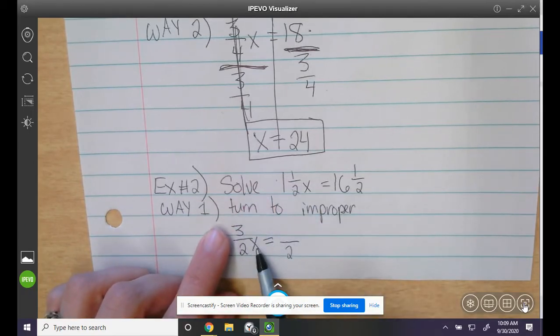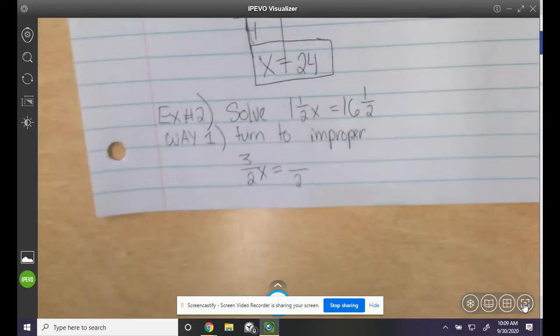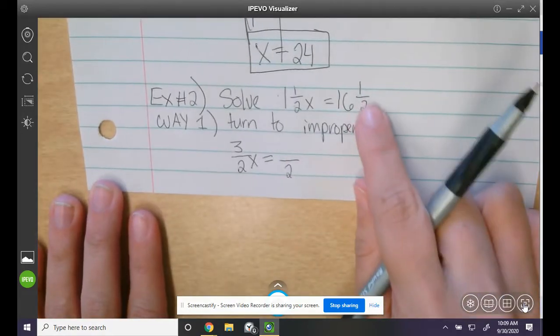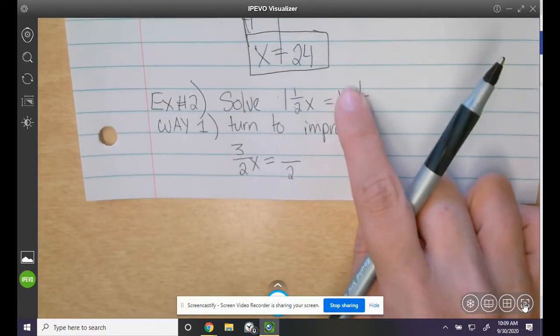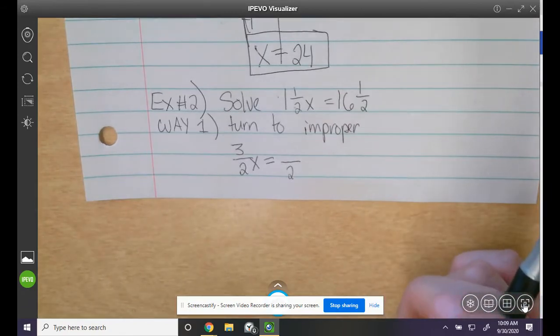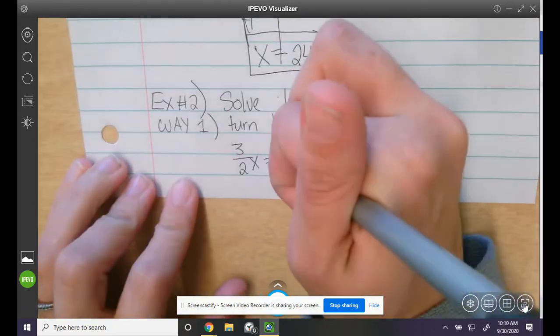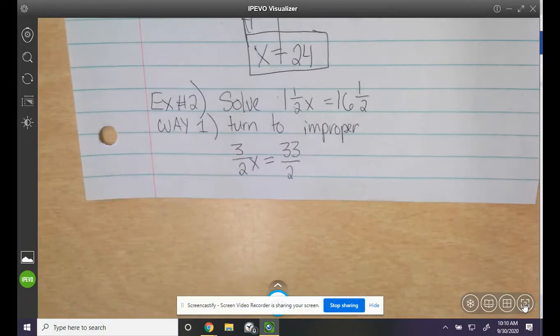The 2 stays on the bottom. So we got 3 over 2 x equals, and for the 16 and 1/2, the 2 stays on the bottom. 2 times 16 plus 1 is 33.